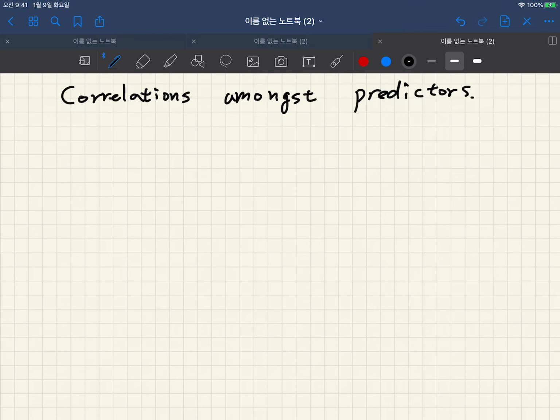When it comes to test error, it is not a good idea to increase the coefficients as many as possible. When you increase the coefficients or degrees of freedom, you also increase the chance of overfitting.